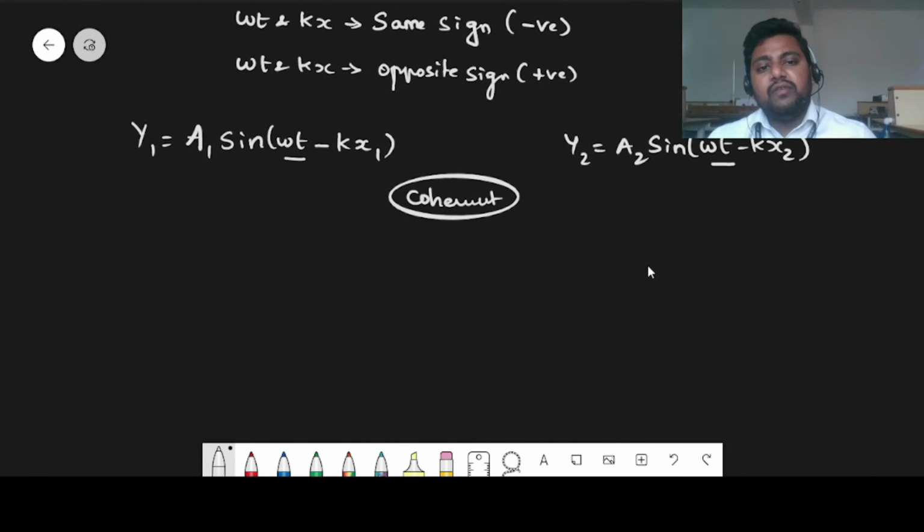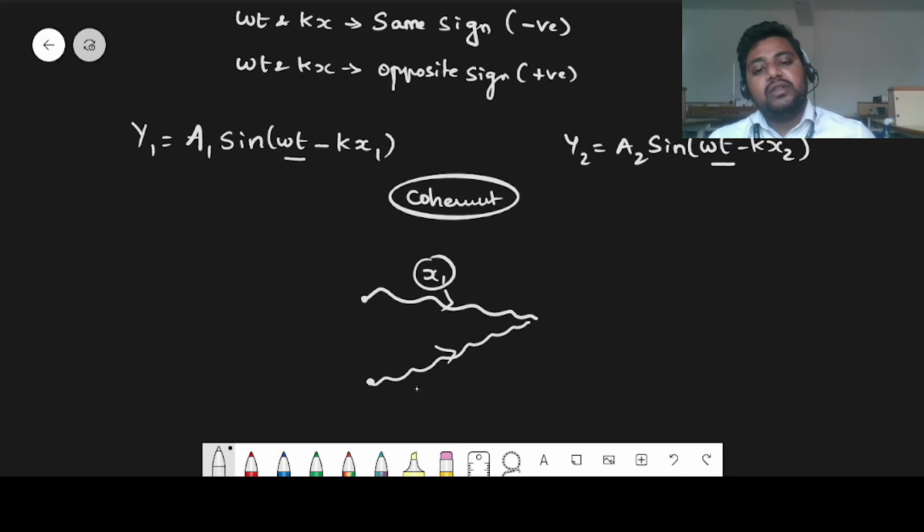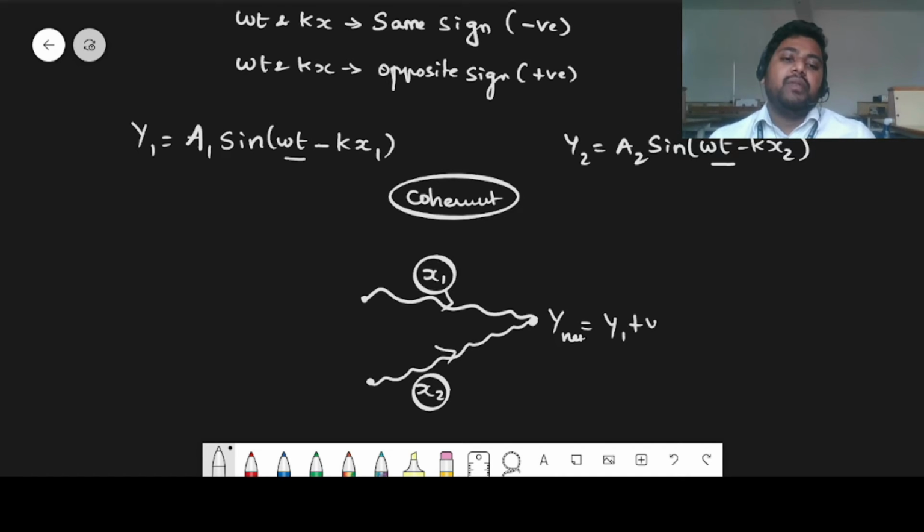Now these two equations, when they are superimposing, give you another equation. Let's say this is one wave going in this direction and there is another wave going in this direction, superimposing at this point. This one travels an x1 distance, this one travels an x2 distance to reach that point. When they superimpose, you get a y net equation, which can be written as y1 plus y2, and we have to add them vectorially.